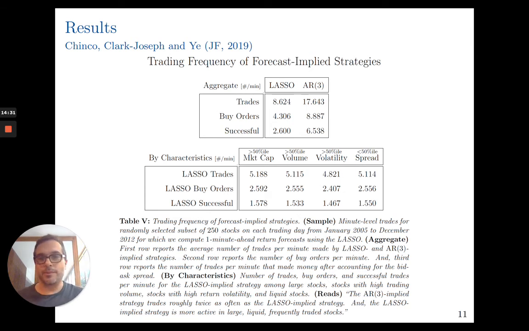And there's also the second table, where you see some dispersion over different characteristics. But I think what's interesting is that the implied trades of the Lasso are almost half of the trades implied by the AR3 strategy. Okay?